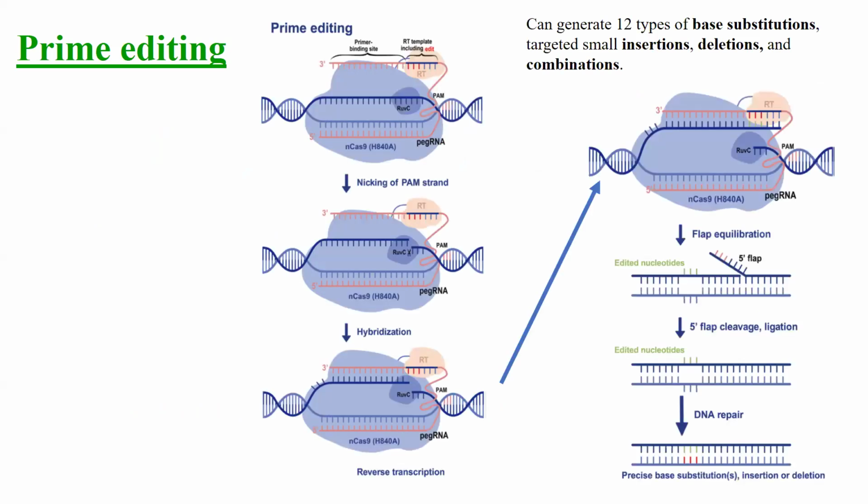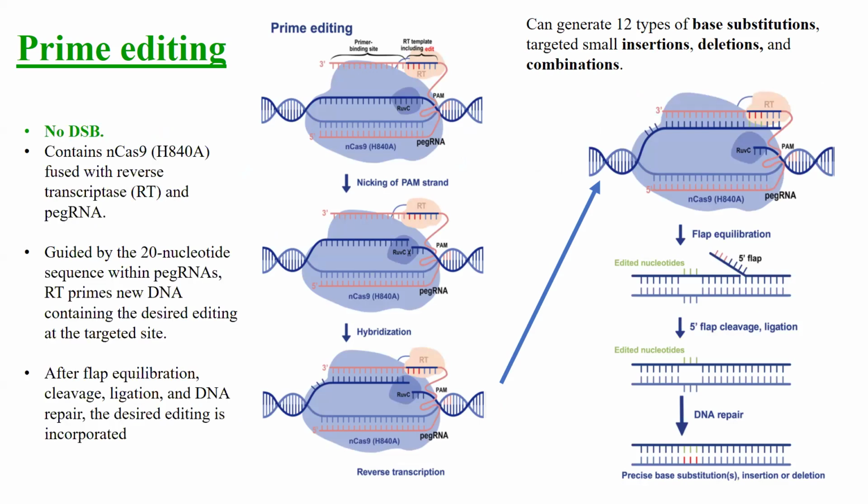So for prime editing, here I showed the major steps. Please go through them. No double-strand breaking. And here, instead of only Cas9, an engineered Cas9 enzyme is used, and a prime editing guide RNA targets the specific site of the DNA you are going to edit.